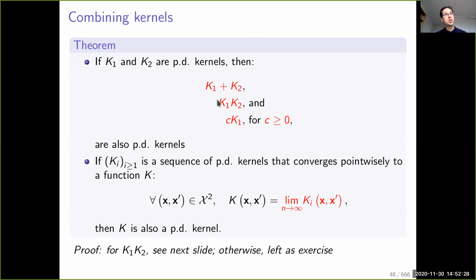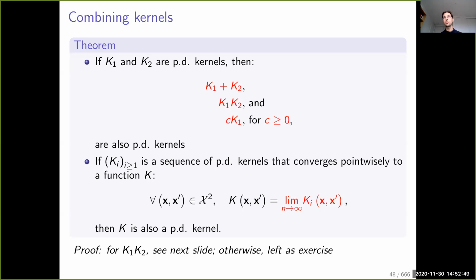One remark here, which is important to make, because sometimes things can be very confusing when you start discovering this literature about kernels, is that here we consider the product between two functions, meaning the element-wise product. If you have two kernel matrices, we are not talking here about matrix multiplication.